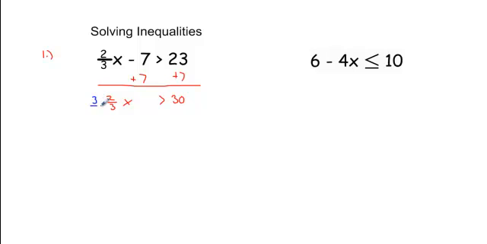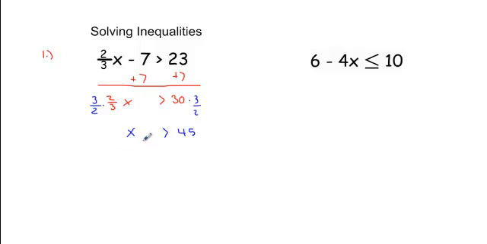If you flip the fraction, you are taking the reciprocal. And if I multiply a fraction by its reciprocal, I get 1. 3 times 2 is 6. 2 times 3 is 6. That's 6 divided by 6. And that's 1x, or x. And the sign still doesn't flip. I multiplied by a positive. So I can do 30 divided by 2, and that's going to be 15. And 15 times 3 is 45.